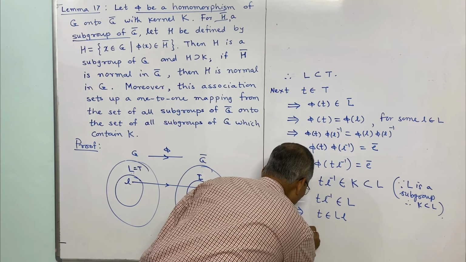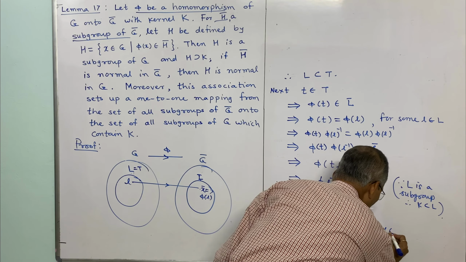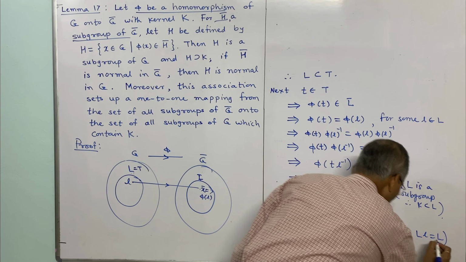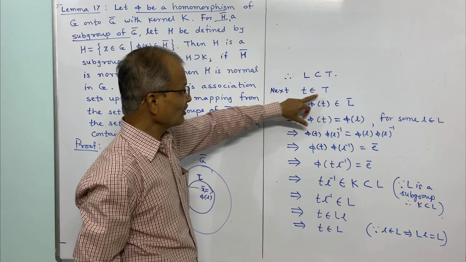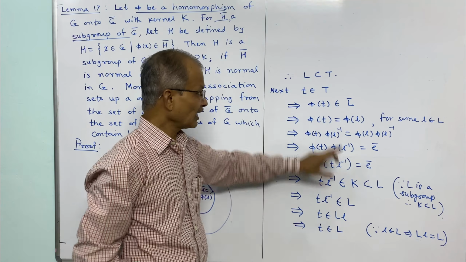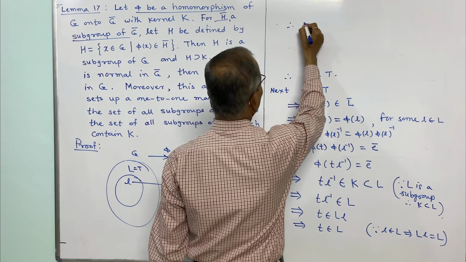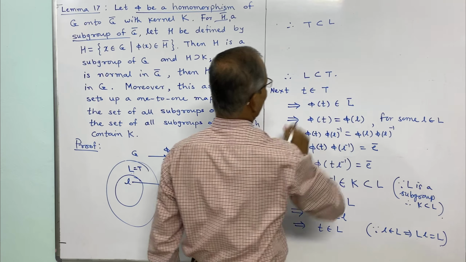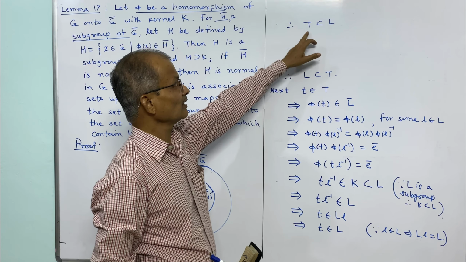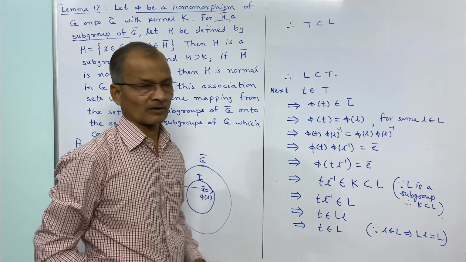And this implies t belongs to L. Thus, starting with t belonging to capital T, we have t belongs to L, and that means T is a subset of L. So T is contained in L. And thus we have proved both parts, L is a subset of T and T is a subset of L. Hence we have both T and L are equal.